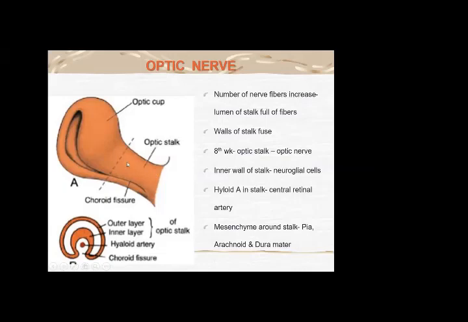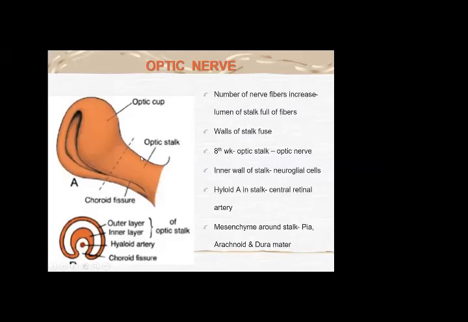Lying within this part was also the hyaloid artery over here, because the mesenchyme entered into the choroid fissure. So now here you have axons of the ganglion cells, plus here you have the hyaloid artery. This hyaloid artery later develops into the central artery of the retina. And you have mesenchyme all around. The mesenchyme in this area develops into the pia, arachnoid, and dura mater.